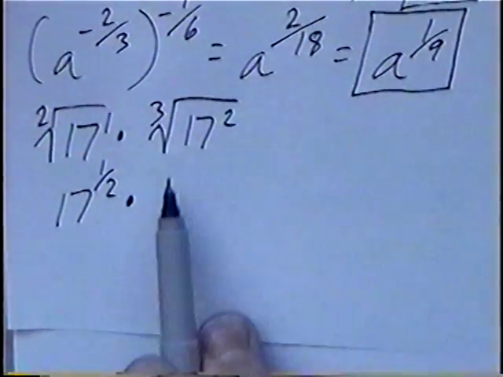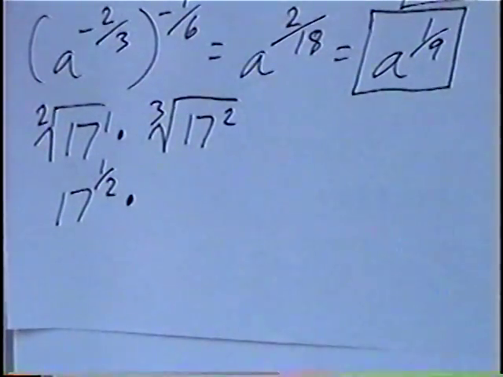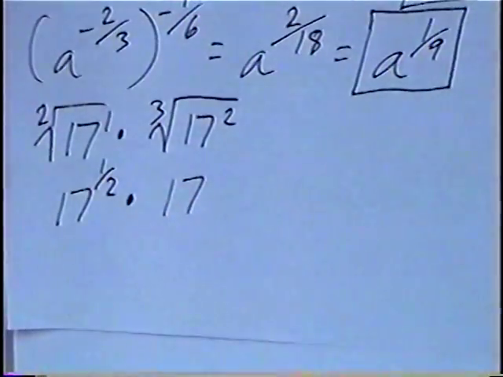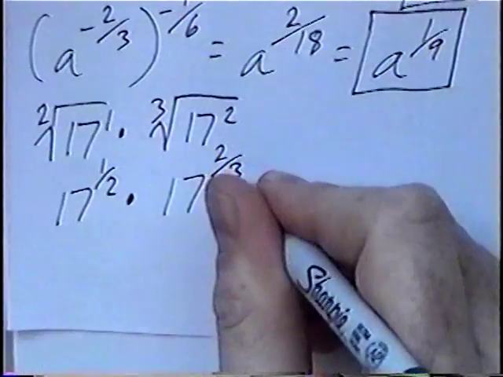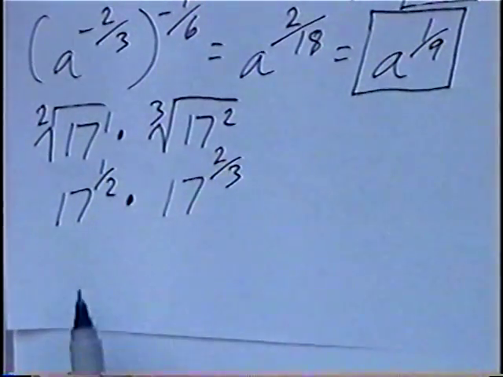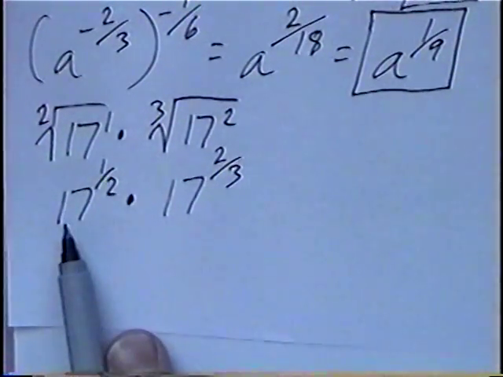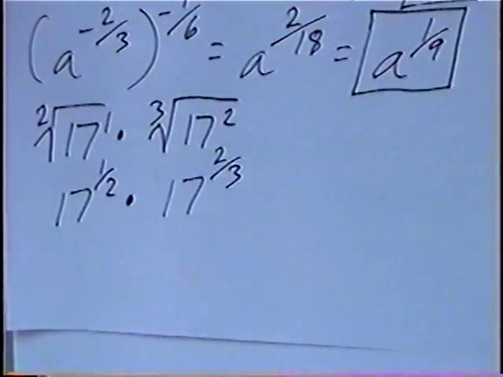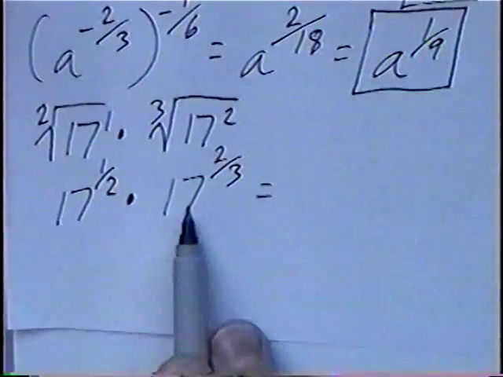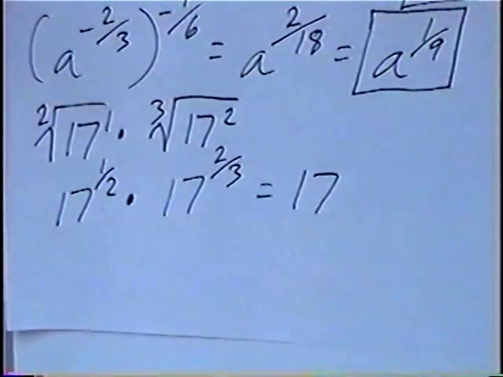Changing again the second radical into exponential form would be 17 to the exponent of 2/3. When multiplying exponents, if we have the same base, 17, we can combine the exponents by adding those. So our answer, 17, will remain the same.